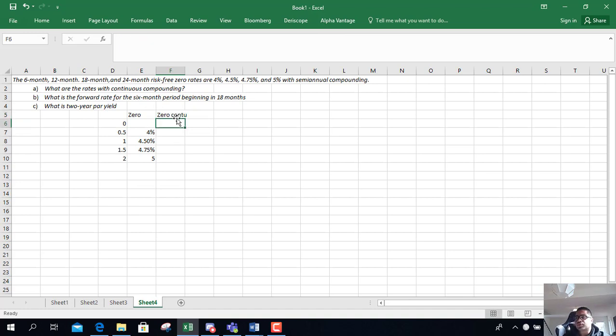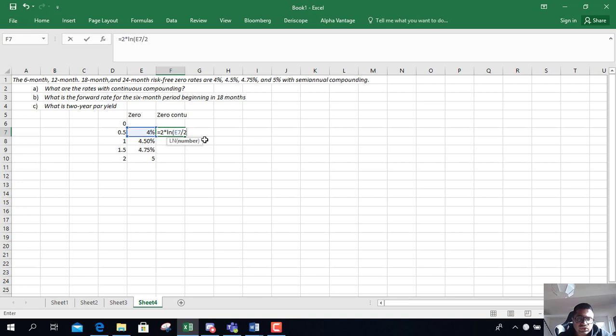Now how do you convert it into continuously compounding rates? So you simply take a natural log. So it is the semi-annual rate, so that's why m into natural log ln of interest rate by 2.